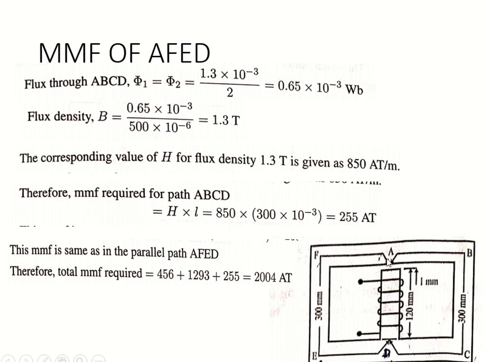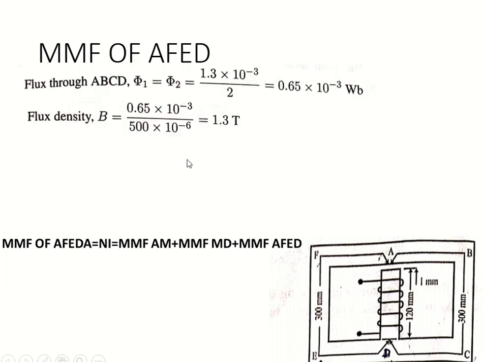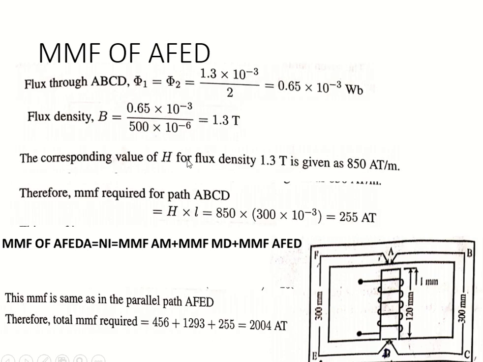So you find the total MMF in the path as MMF of AFED plus MMF of AM plus MMF of MD. So add these three values, 456 plus 1293 plus 255, that is 2004 ampere turns.